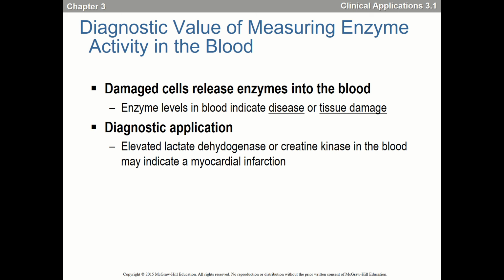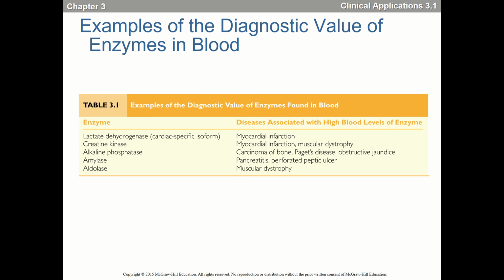Now, there's all sorts of different types of enzymes that we can measure, ALT, what was it? Alanine aminotransferase. If you have a high amount of that in your blood, that typically means that you have some type of liver damage. But here are the ones that I want you to know mostly.